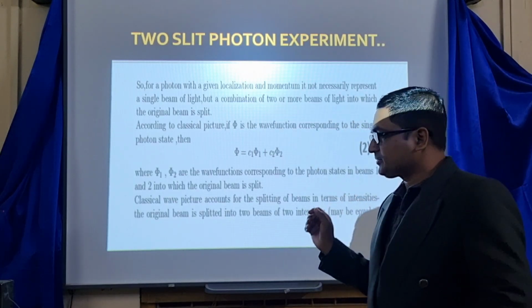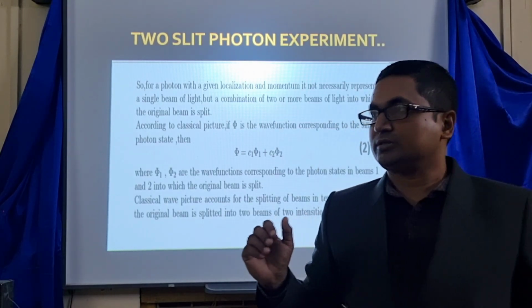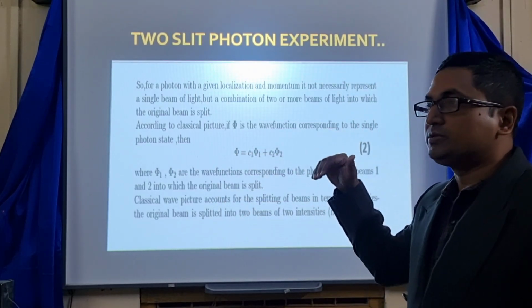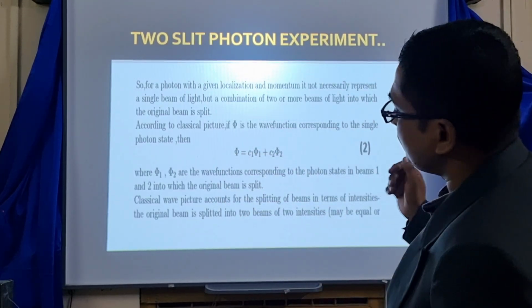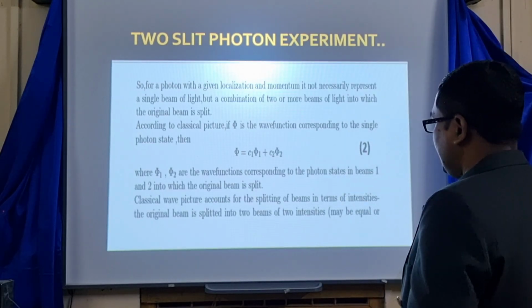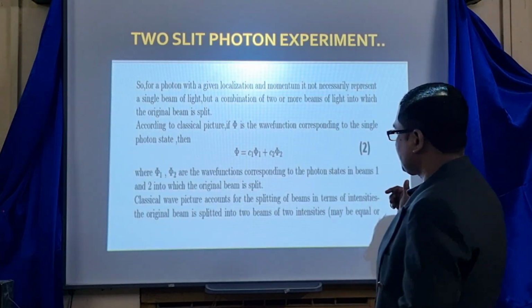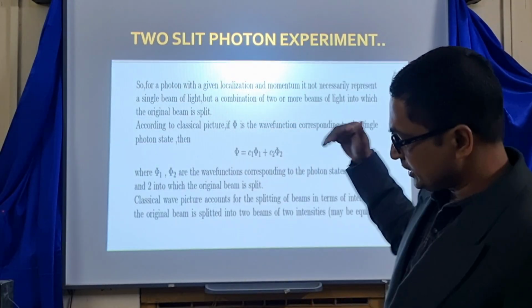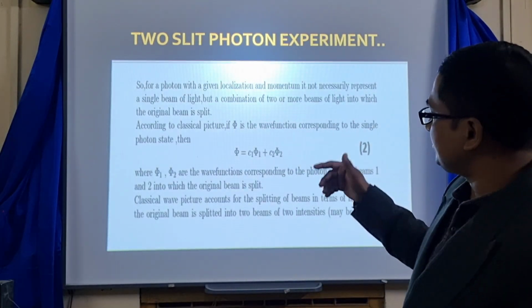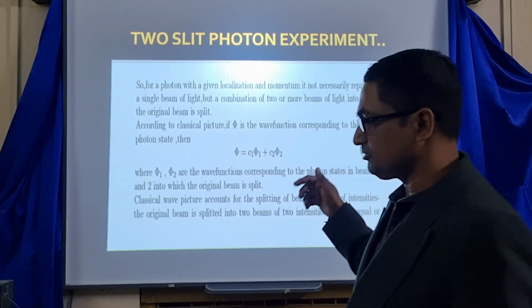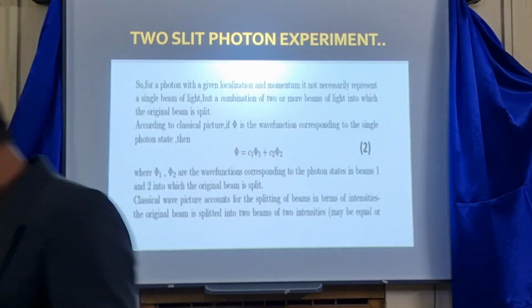So classically, it is possible that the single photon is divided into two intense beams, one for slit S1 and another for slit S2, and the total intensity is represented by phi, given by a superposition of the two slits, where phi 1 and phi 2 are simply intensities.